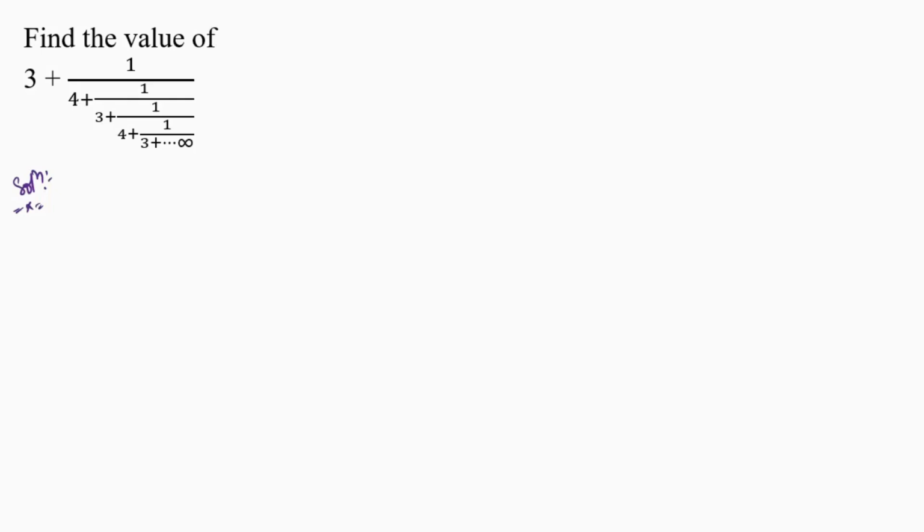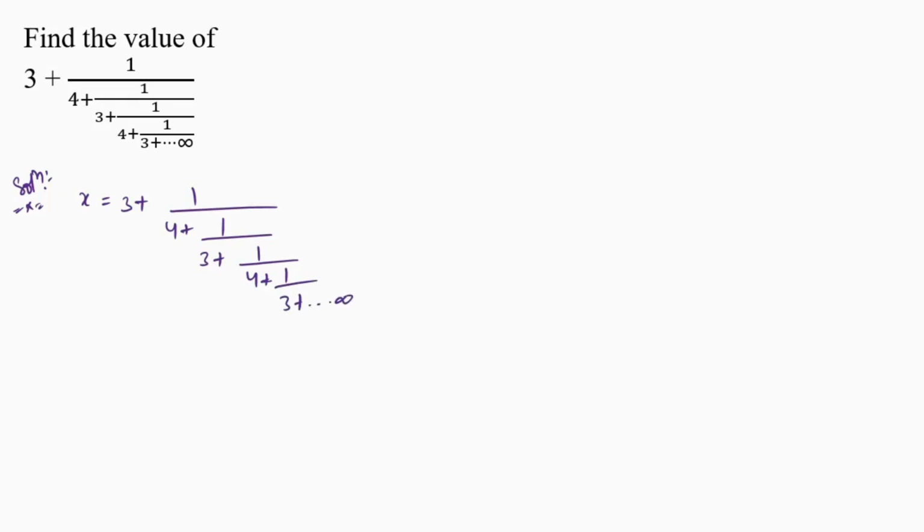Today we are going to solve this very interesting math problem in which we have to find the value of the given expression. So let the whole expression be x. So x equals 3 plus 1 over 4 plus 1 over 3 plus 1 over 4 plus 1 over 3 up to infinity.